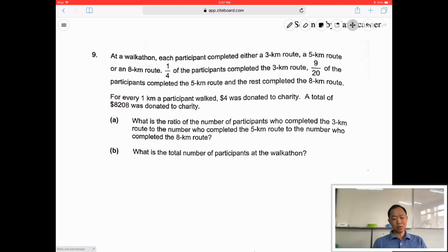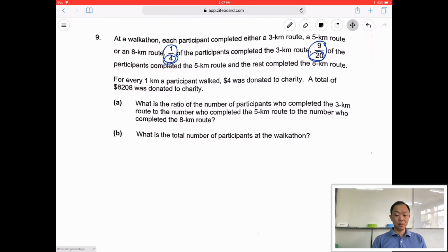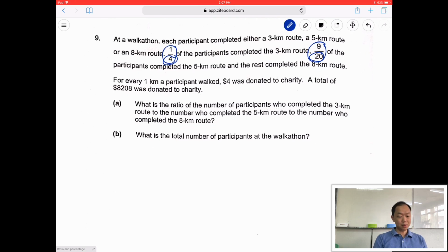Okay, so at a walkathon, each participant completed either 3, 5, or 8 km. One quarter completed the 3 km, and 9 of 20 completed the 5 km. The 4 and the 20 both refer to the total number of participants. So I split into three types: the 3 km, the 5 km, and the 8 km.